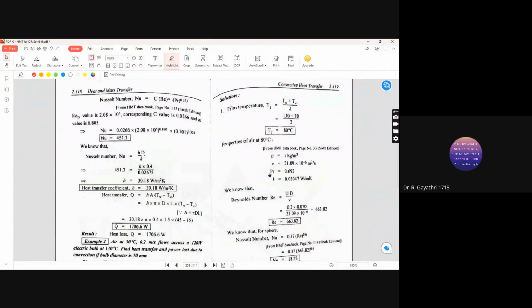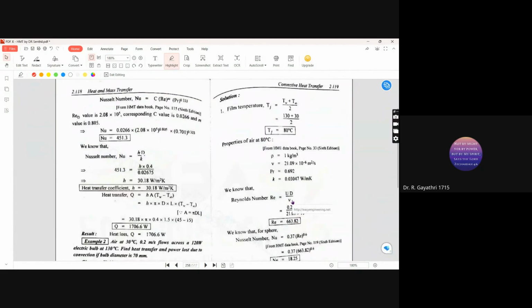So we can use density and kinematic viscosity in finding Reynolds number. Reynolds number value is UD by mu. Diameter of the bulb is 0.07 meter. Fluid velocity is 0.2 meter per second.